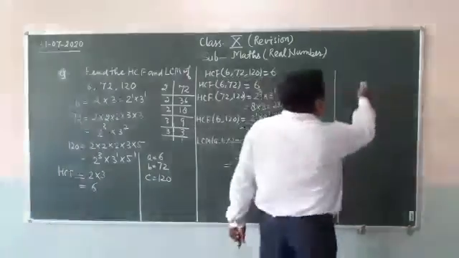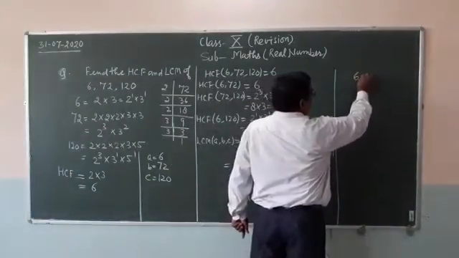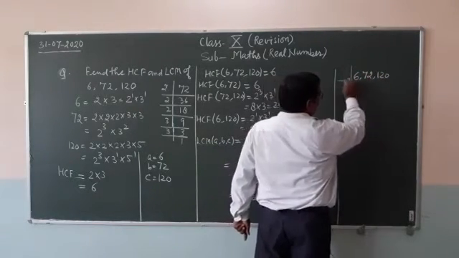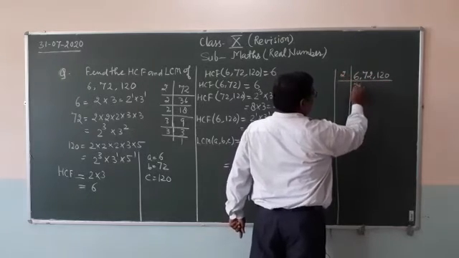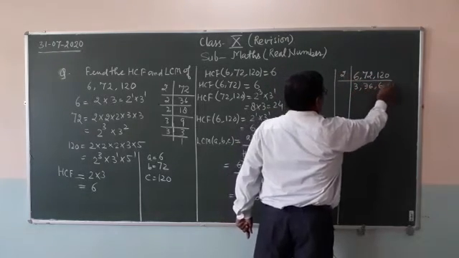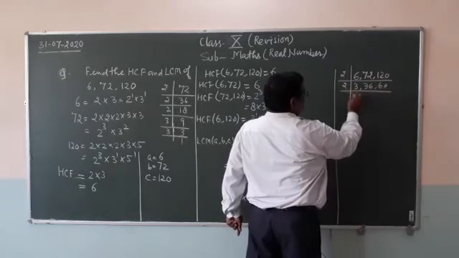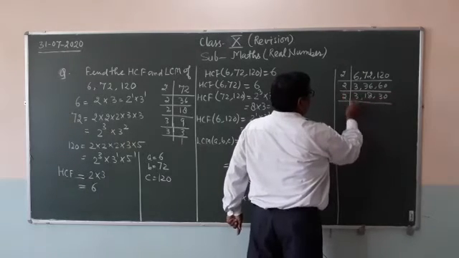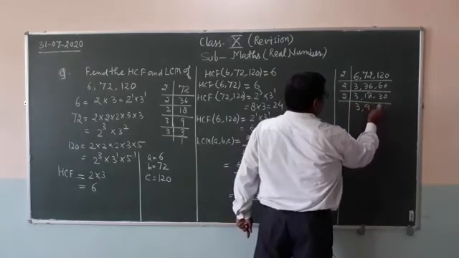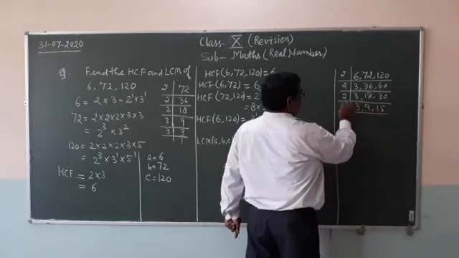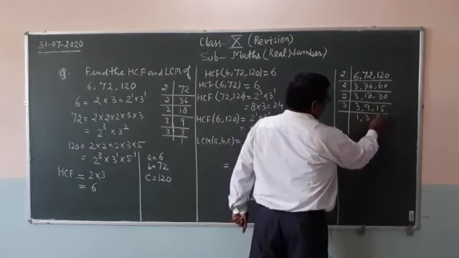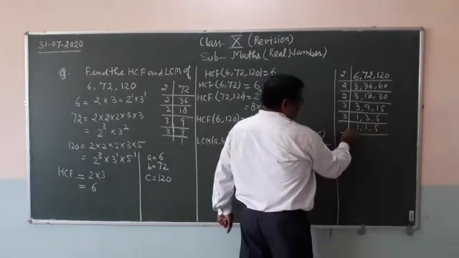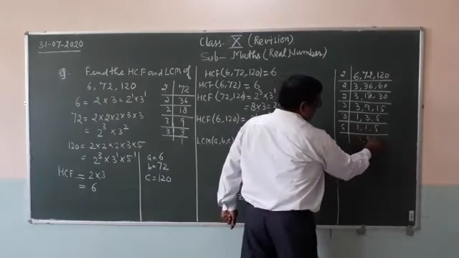The LCM of 6, 72 and 120: divide by 2, 3 36 60; again 2, 3 18 30; again 2, 3 9 15; again 3, 3 3 5... then 3, 1 1 5; then 5, 1 1 1.